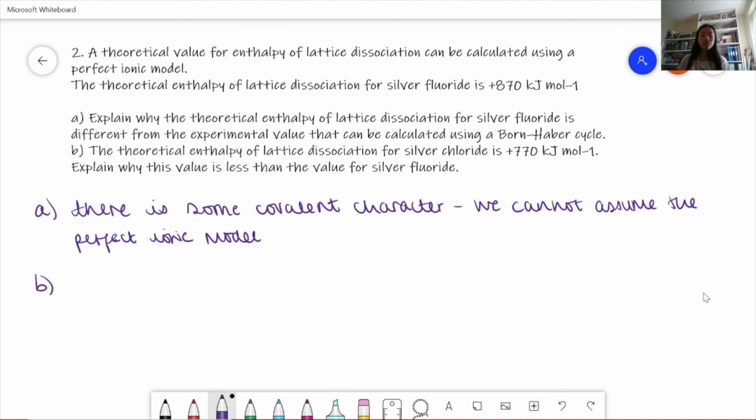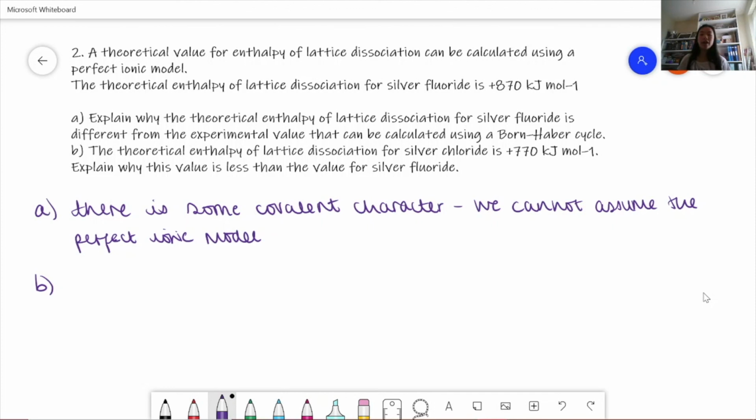Fluorine and chlorine are both in group 7. However, fluorine is one above. So that means that the fluoride ion is much smaller than the chloride ion because it's got one less outer shell. And so that means that it's attracted to the silver plus ion more closely than the chloride ion.